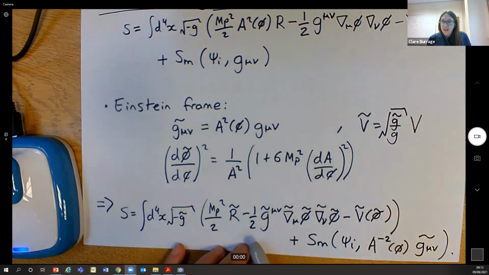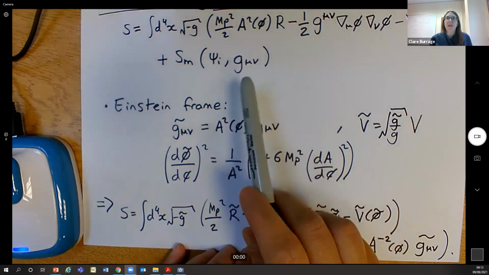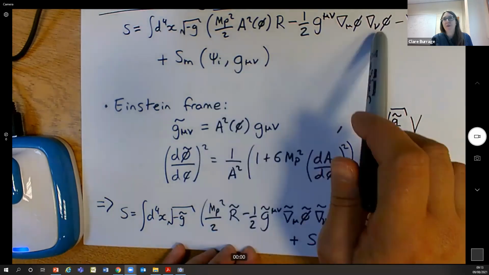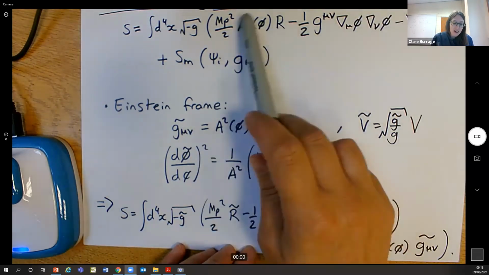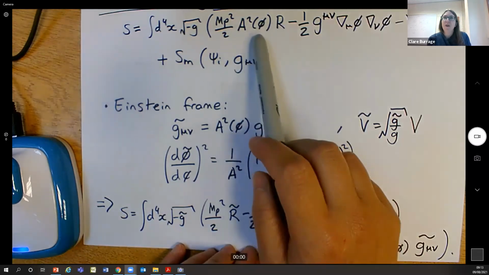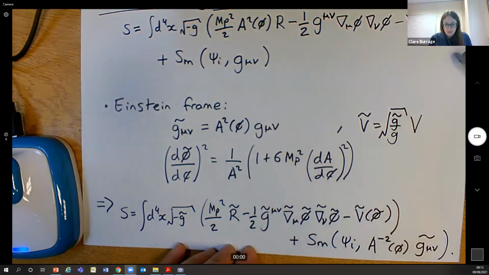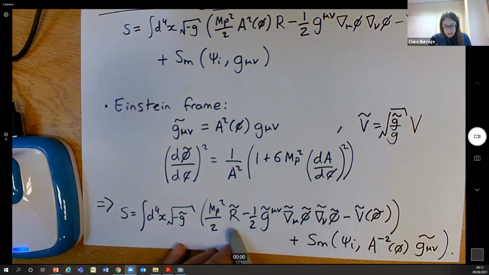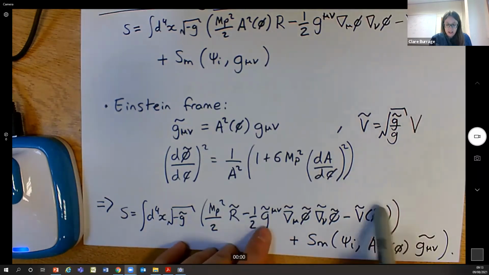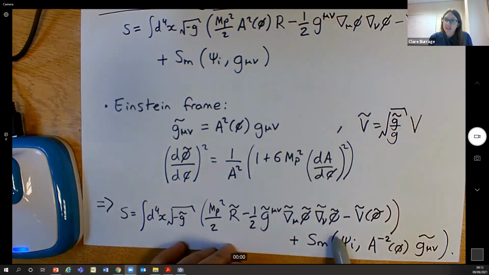But what it looks like in the second version of what I've written down is that we have, in fact, not a modification of gravity at all. Here it looked like I've modified gravity. I've got a scalar field dependent Planck mass. I've got a mixing between my two fields in my gravitational sector. Now, after doing the field redefinitions, I have standard gravity, and what looks like a matter scalar field.